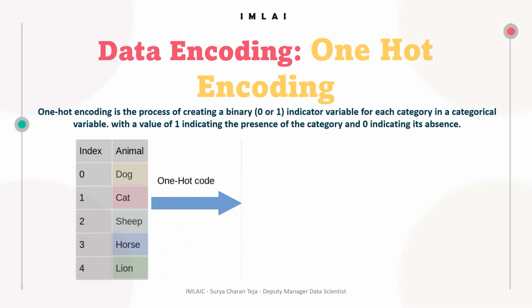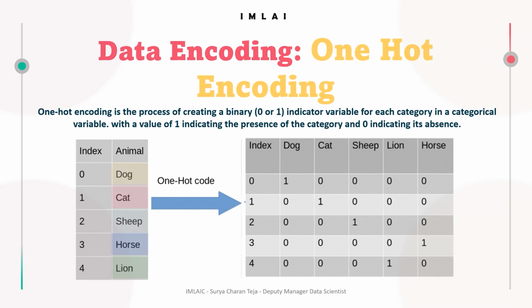In one-hot encoding, this is how it will be transformed. This single animal series will be transformed into 5 variables. These are called dummy variables. Each dummy variable takes the name of a category. Dog is one category of the animal variable and takes one column, cat another column, sheep another, lion another, horse another.